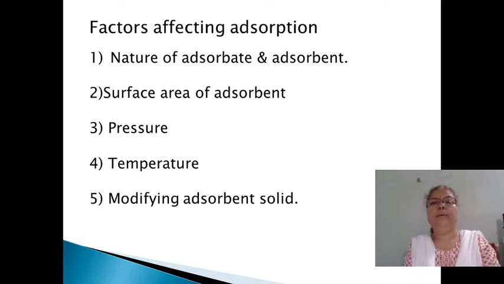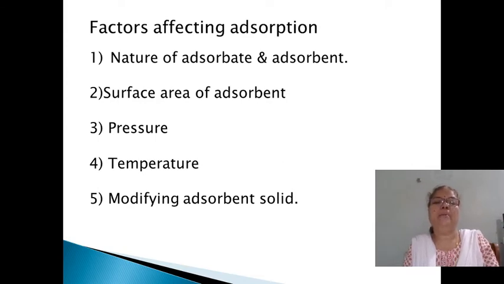Then a gas gets adsorbed in different amounts on different adsorbents. For example, hydrogen gas gets strongly adsorbed on a nickel surface than on an alumina surface.